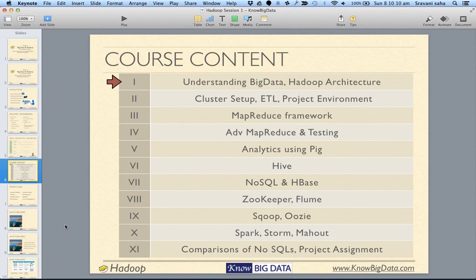So today we are going to learn what is big data and the Hadoop architecture. Before we move forward, do you have any questions for me? All right.